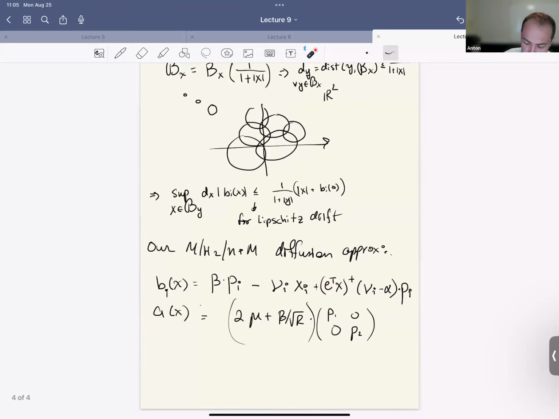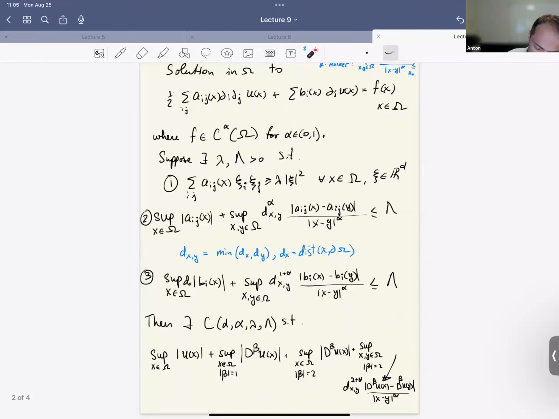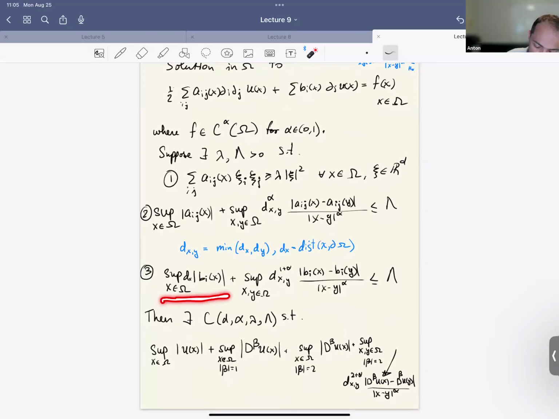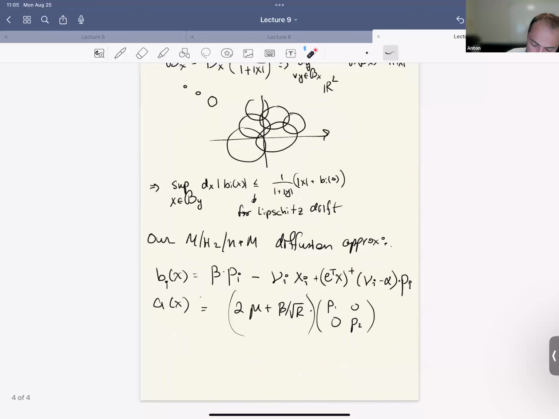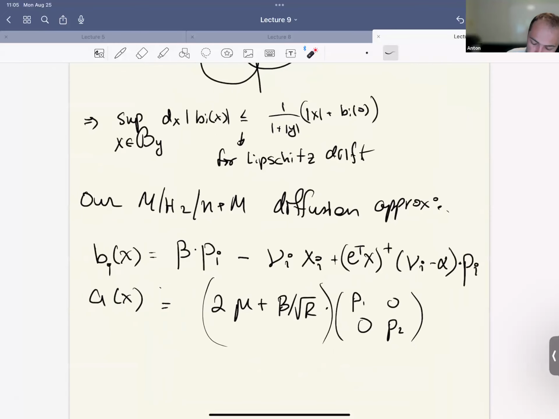And if we go back to our theorem over here, we're going to need to know how the drift grows, and something about its Lipschitz coefficient. The growth of the drift will depend on all of the constants, and the Lipschitz coefficient will depend on the nu and this constant in front of the E transpose X plus term, right?